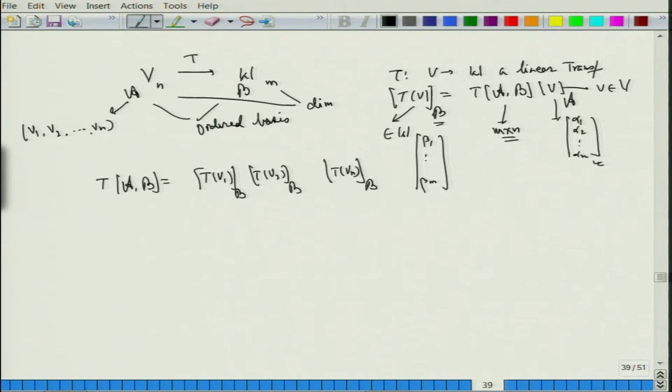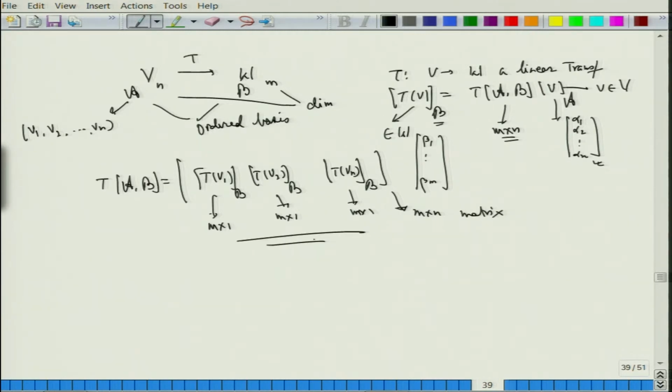So once I write them as an element of this, each of them is an m cross 1 vector. So total we have a matrix of size m cross n, fine. So this was the idea of TAB.